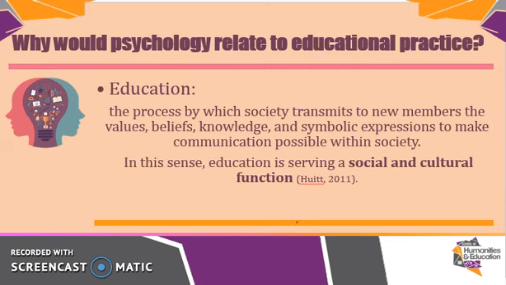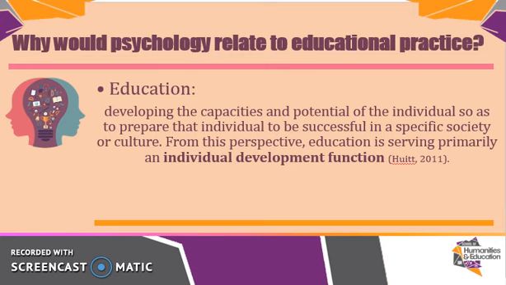In this definition, we're saying that education is a process by which societies transmit to new members the values, beliefs, knowledge, and symbolic expressions to make communication possible within the society. You want society to continue and you want individuals to be able to contribute to the society and not necessarily just glean from it.